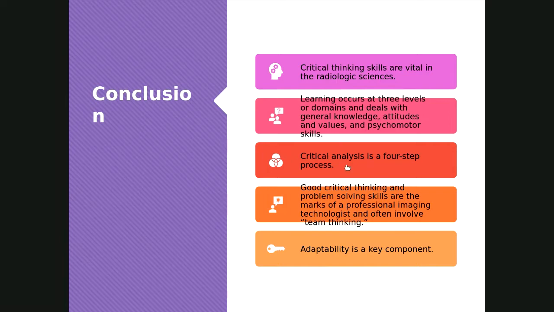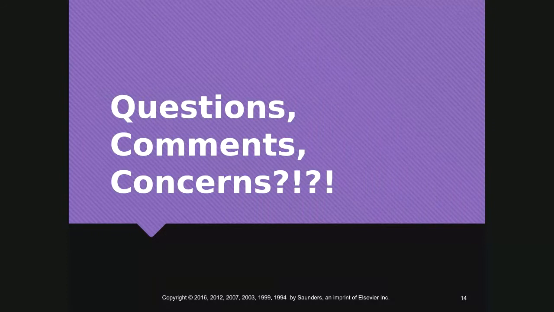Critical analysis is a 4-step process where we identify the problem, investigate it, come up with different solutions, and then select the best solution. They reference that good critical thinking and problem-solving skills are the marks of a professional imaging technologist and often involve team thinking, and adaptability is the key component. All right, so that brings us to the end of this.